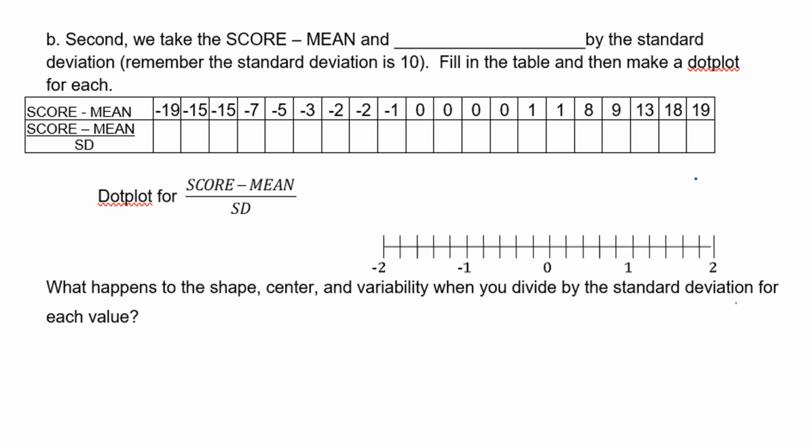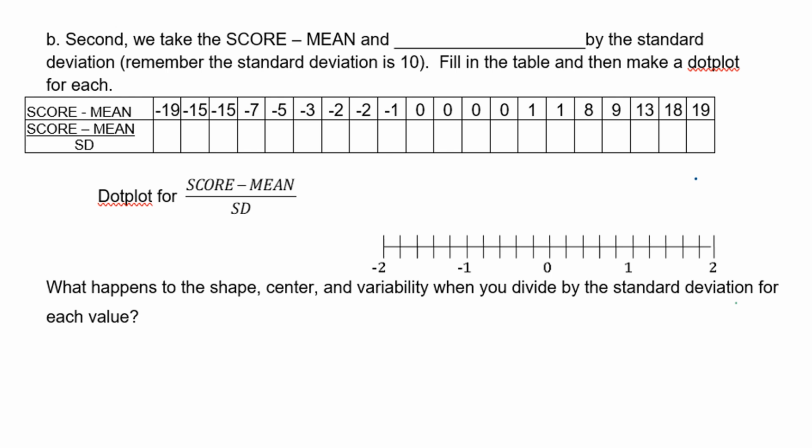So, hopefully you can pause that, but essentially the shape of the two dot plots stayed the same. The center of the dot plot, when you subtract, decreased by 80, and technically the variability stayed the same as well.